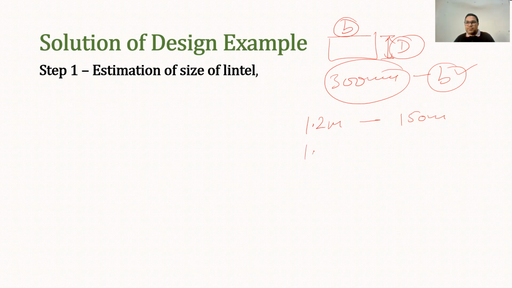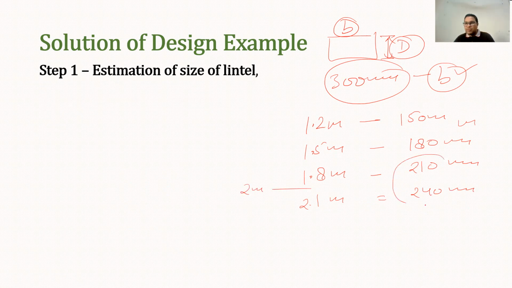So say if we have opening up to 1.5 meter, in that case it will become 180 mm. Similarly, for 1.8 meter opening, it will be say 210 mm, and for 2.1 meter, say it will be 240 mm.